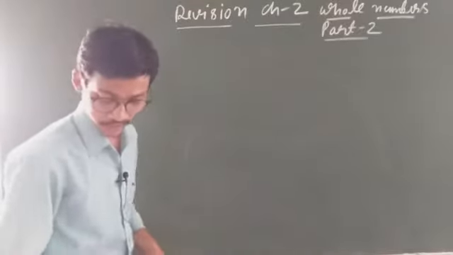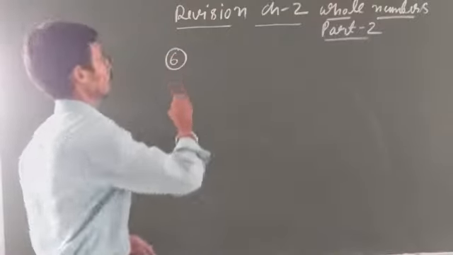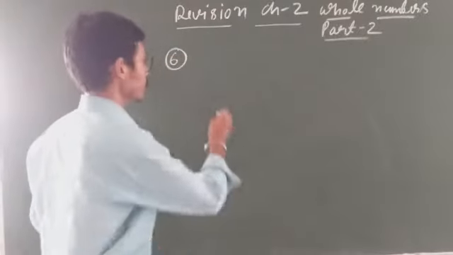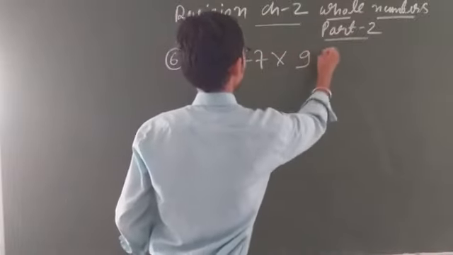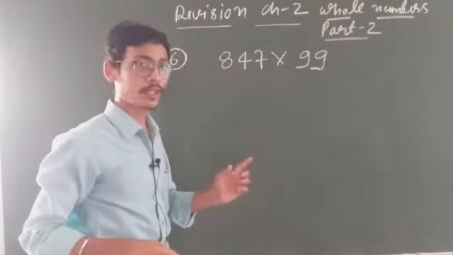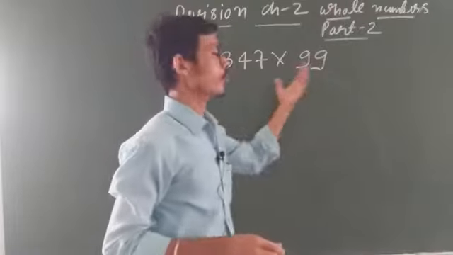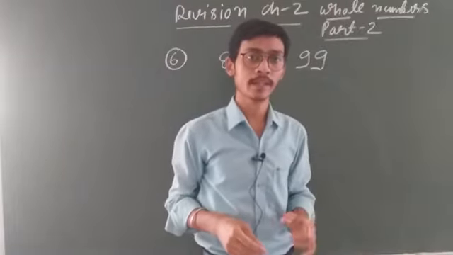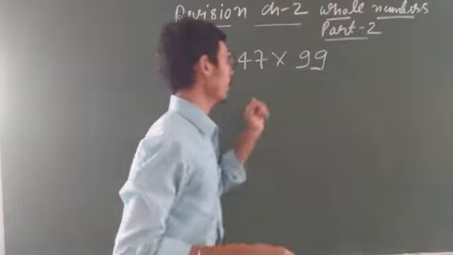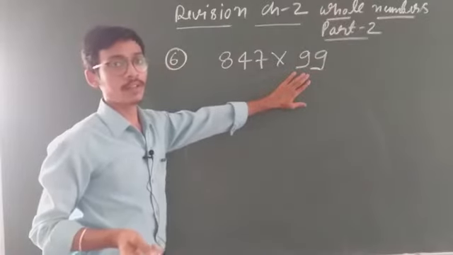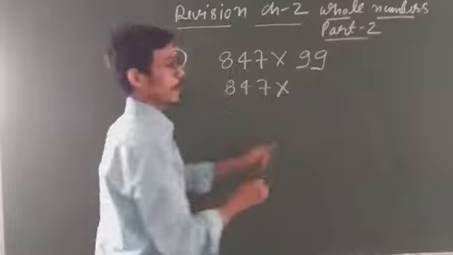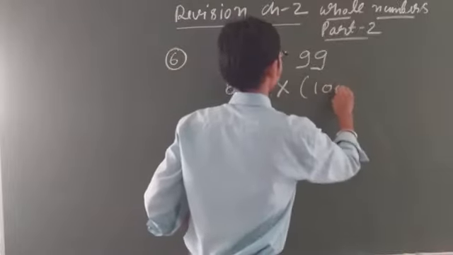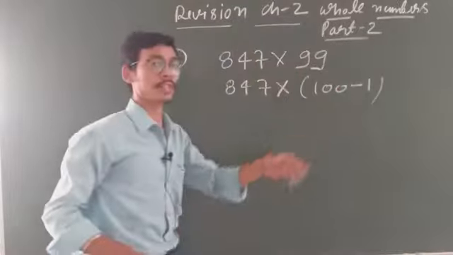Now like one question is given, question 6. What is given? 847 multiplied by 99. Clear, student? Now the student who does not know the rule will multiply directly, but you are the student who knows everything. What can you write for 99, student? 99 you can write as 847 multiplied by 100 minus 1, because 100 minus 1 is 99.